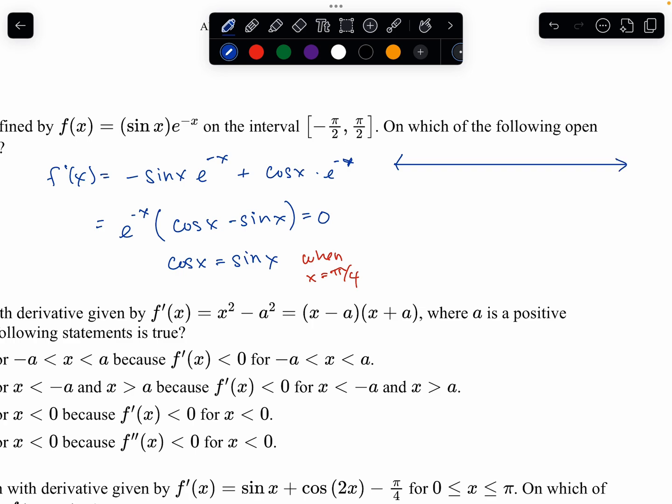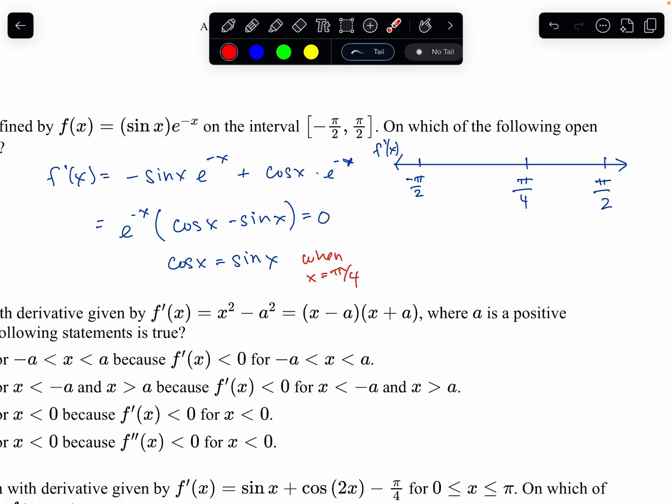So we have from negative pi over 2 to pi over 2. That's what we're going to be contained within. And then we know that at pi over 4 is where this is going to be equal to 0. So pi over 4 being over here. And then we're just trying to see if the derivative is positive or negative. So we're thinking about f prime of x. Let's think of something easy.